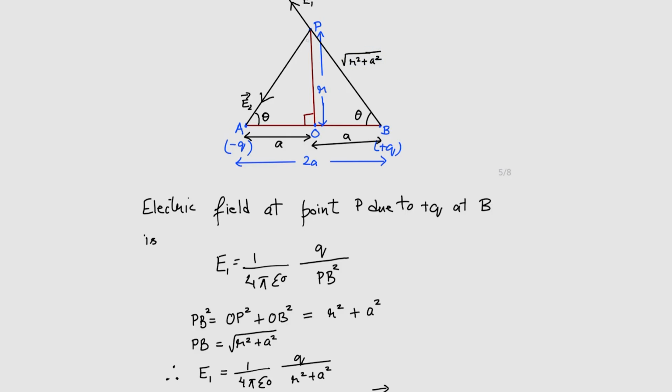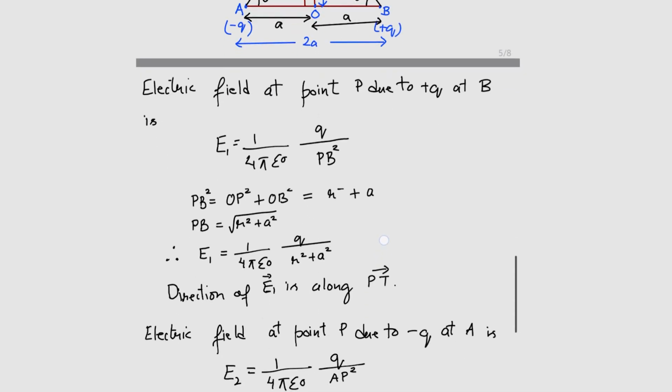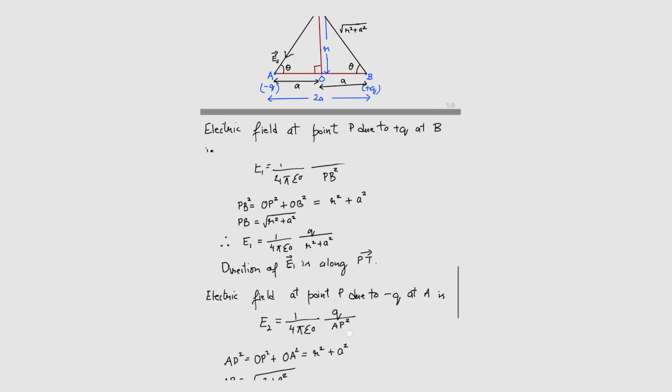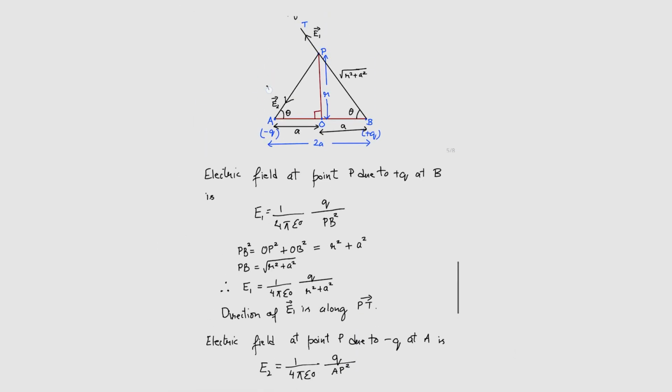Also the length AP is root over R square plus A square. So this AP is also equal to root over R square plus A square. Therefore, this triangle is an isosceles triangle, where two sides are equal. In an isosceles triangle, there are not only two equal sides, but also two equal angles. And these are the two equal angles.